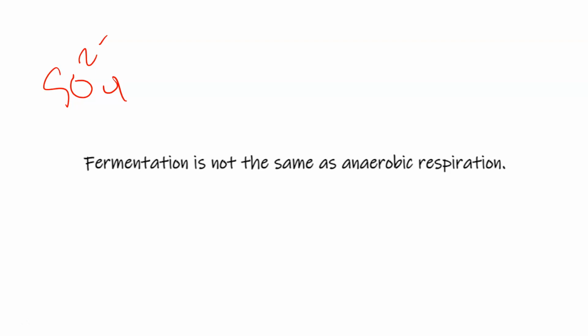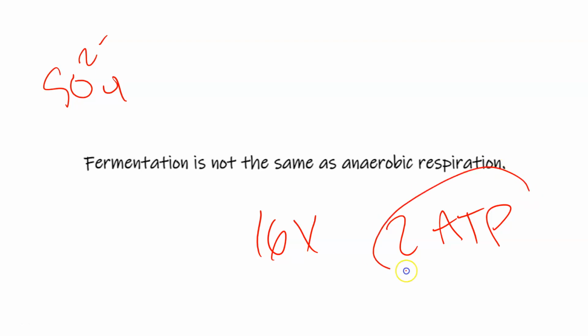Both aerobic and anaerobic cellular respiration result in up to 16 times the 2 ATP that is formed through fermentation. So we're going to get about 32 ATP through anaerobic or aerobic respiration. That's when following all of the 4 steps of cellular respiration, versus only 2 ATP from fermentation.